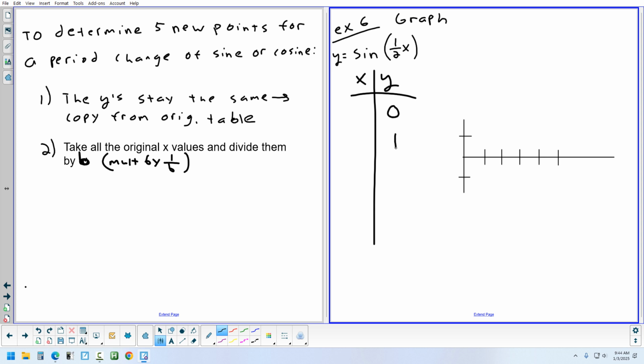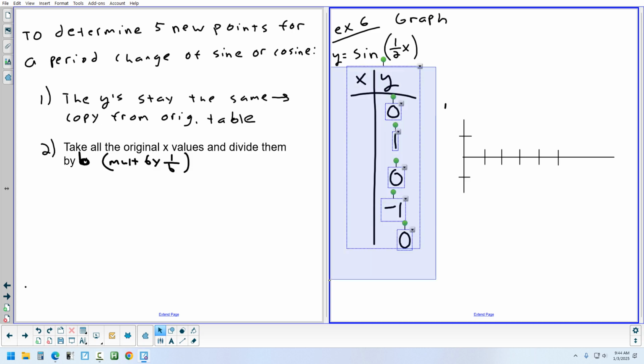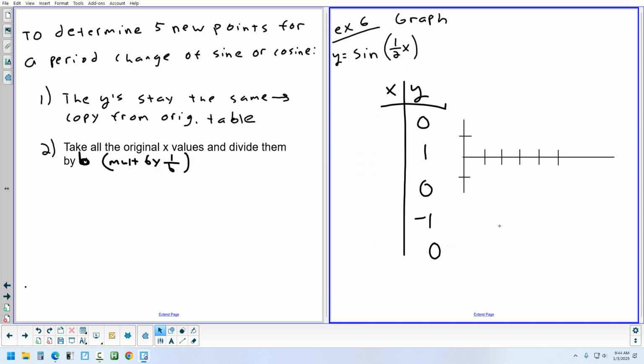Okay, so 0, 1, 0, -1, 0. And now the original x's. I'm going to put those off to the side. 0, pi over 2, pi, 3 pi over 2, 2 pi.